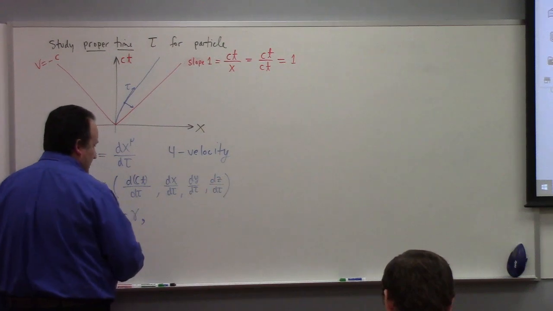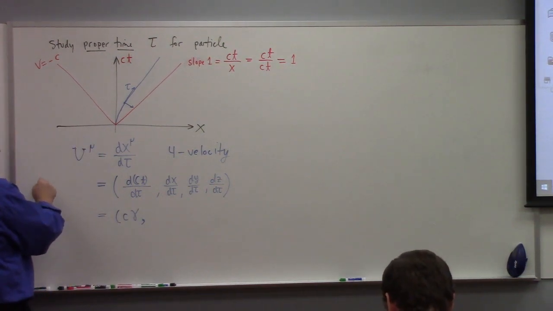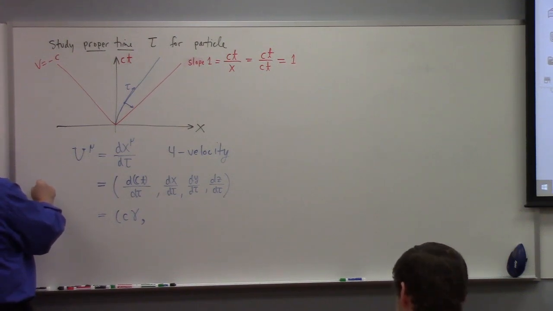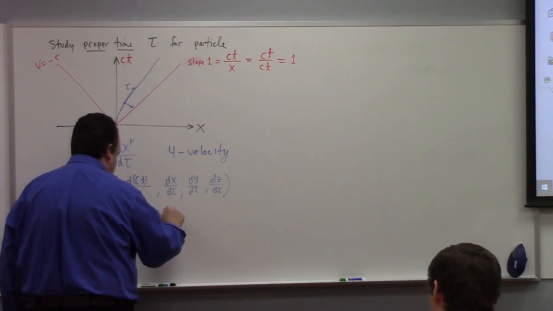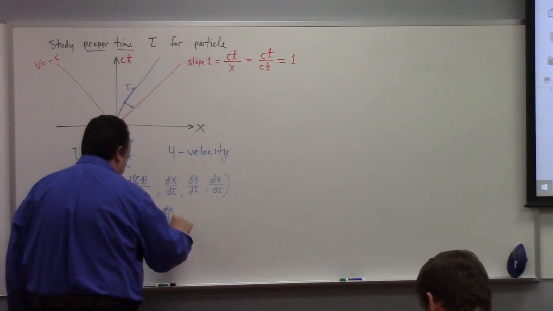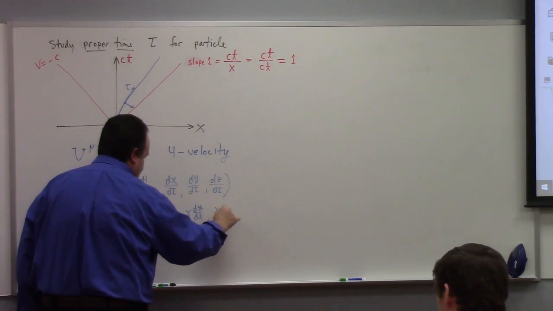And then these ones, basically we have this. Well, it works out to gamma times dx dt, gamma times dy dt, gamma times dz dt.